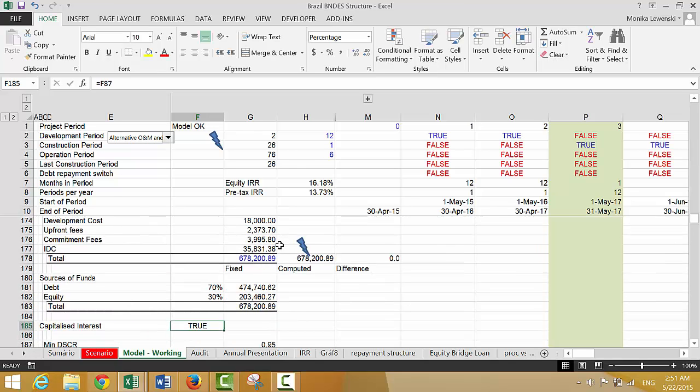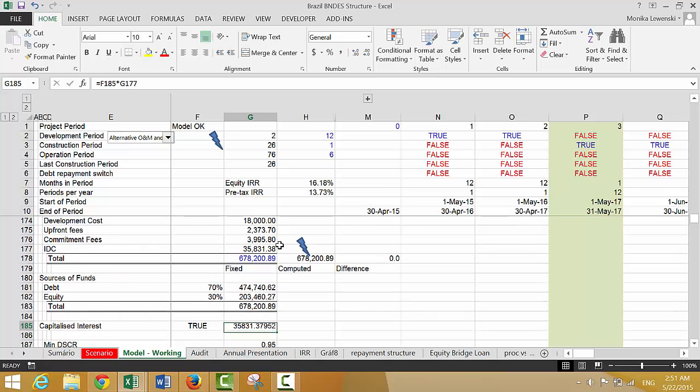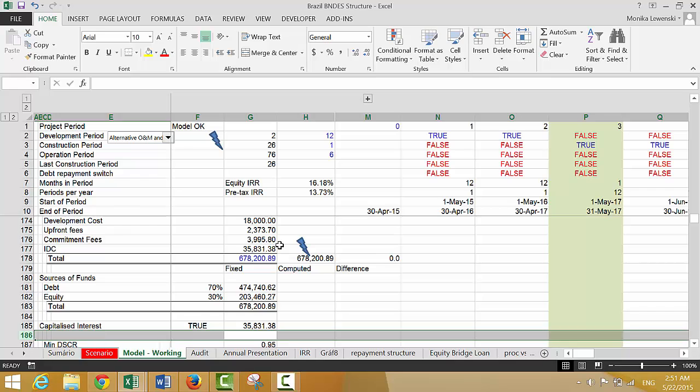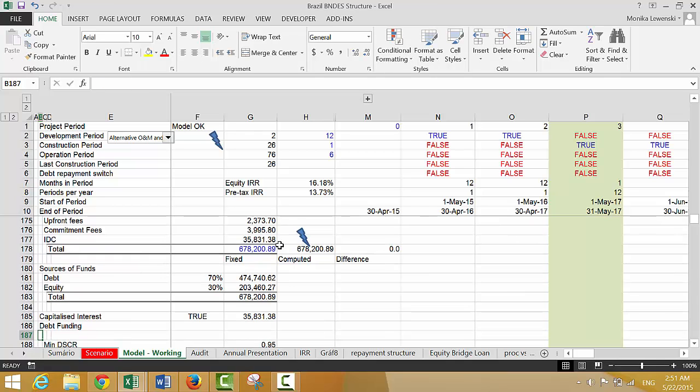Okay, and then we say, let's multiply this by the capitalized interest, the IDC. So it's going to be nothing, of course. And then we put debt funding. Now that debt that we actually can borrow excludes, so we have to take the total debt we have minus the debt funding.